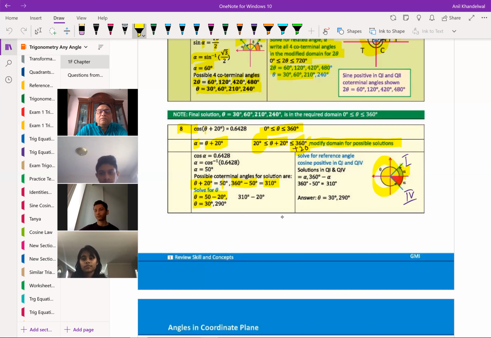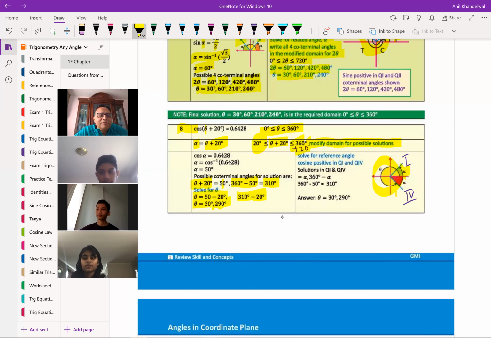The coterminal angle will be theta plus 20 is equal to 310 degrees, which is 360 minus 50, right? And then I take away 20 from 310 to get the other answer, which is 290 degrees. So those become the two solutions for the given case. Is this clear to you?